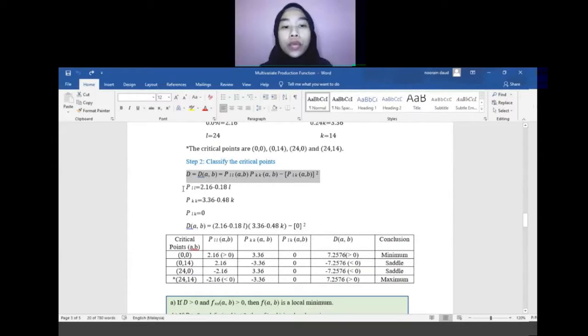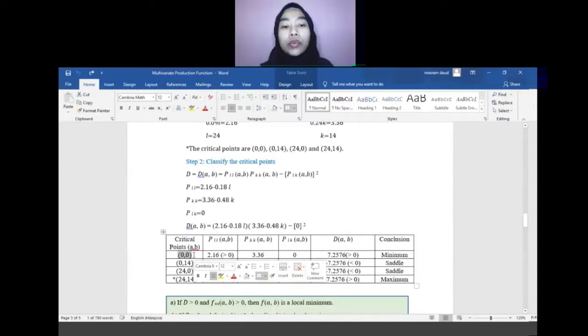First we need to find the second derivative with respect to input L and also the second derivative with respect to input K, and the mixed derivative of L and K. For the first critical point, when we enter the point (0, 0) into the equation of the second derivative of L, we get 2.16, which is more than 0.